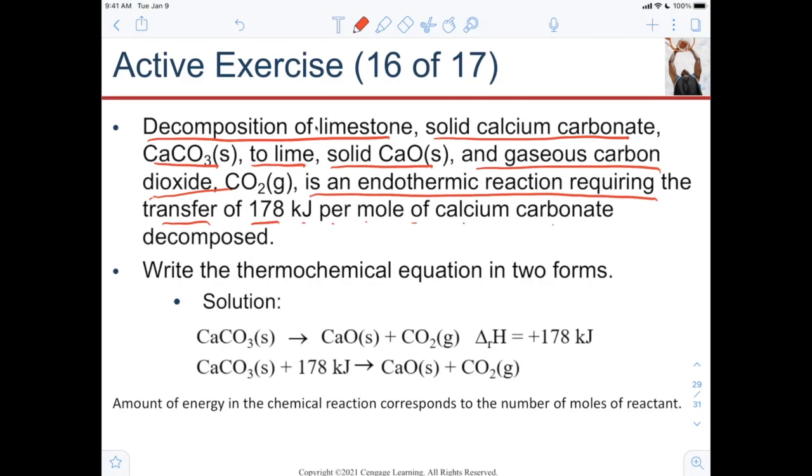Okay, so we're given this equation right here, very interesting equation, and we're told it's endothermic, so we're given the amount of energy that's added, right? Oh, they're saying write the thermochemical equation in two forms.